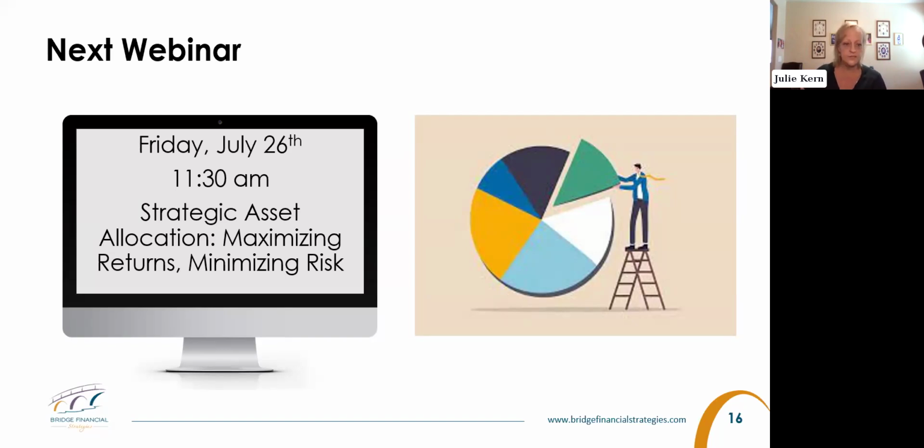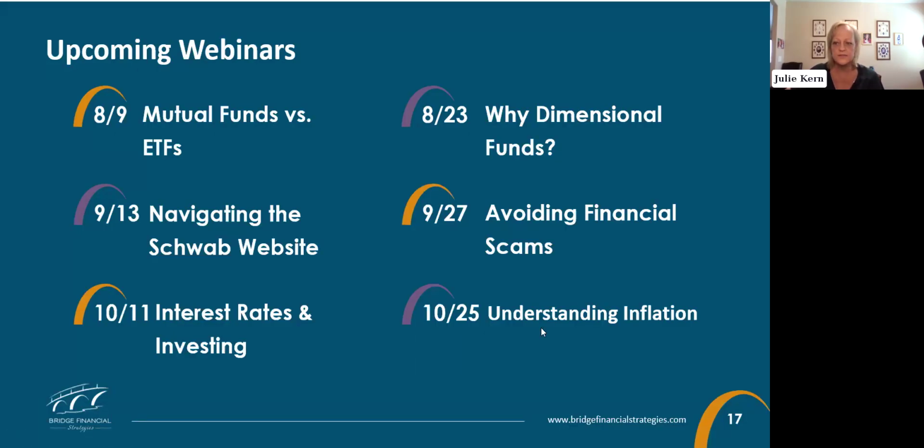And then also, just to give you an idea of the other webinars that we have queued up for future weeks, these are the dates and topics. So on August 9th, we'll be going over the difference between mutual funds and ETFs. And then on August 23rd, that's going to be the one on dimensional funds and why do we use dimensional funds in your portfolio.